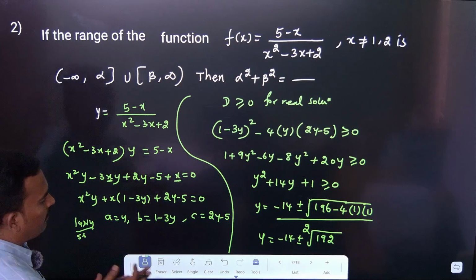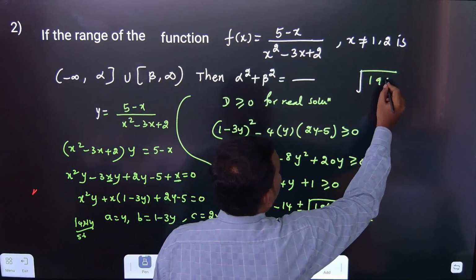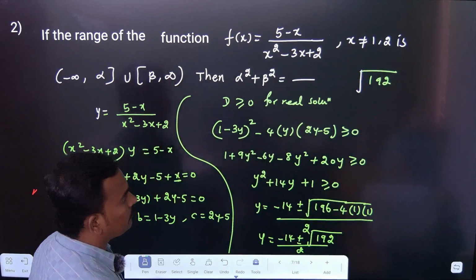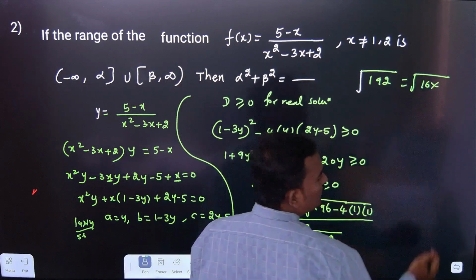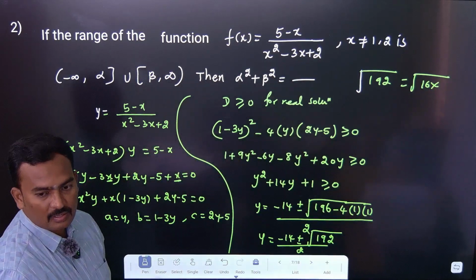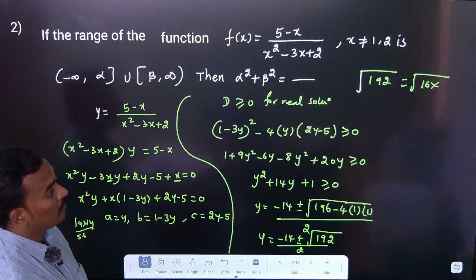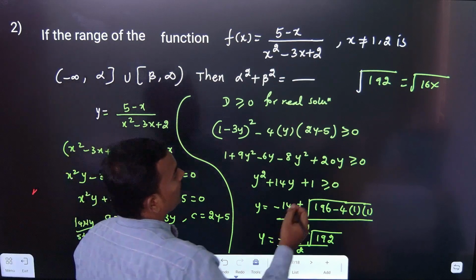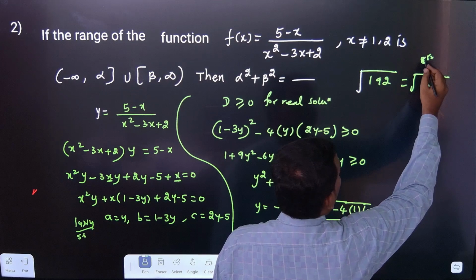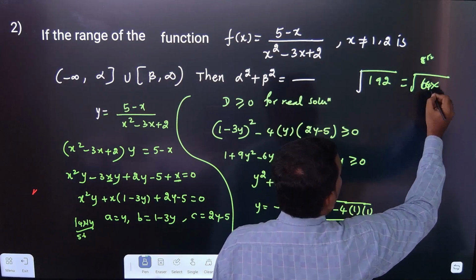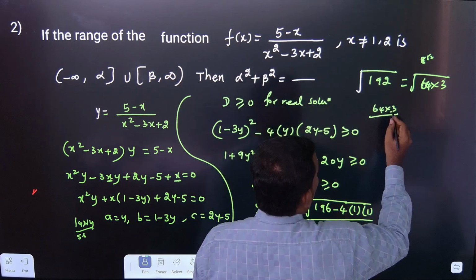Then how to write, student? Divided by 2, right? Square root of 192, how to write? 192 you can see is 64 into 3, you can check it here.